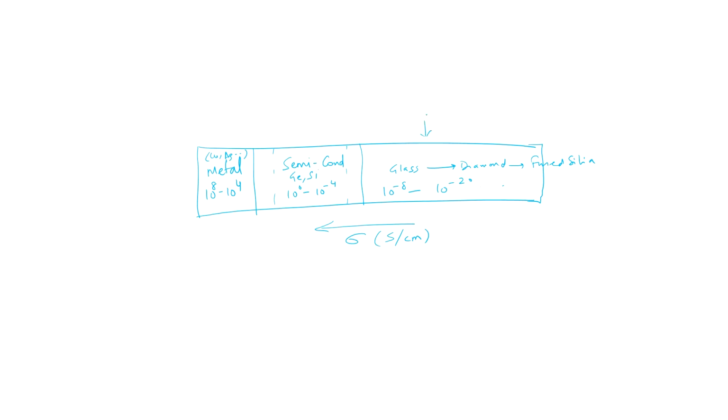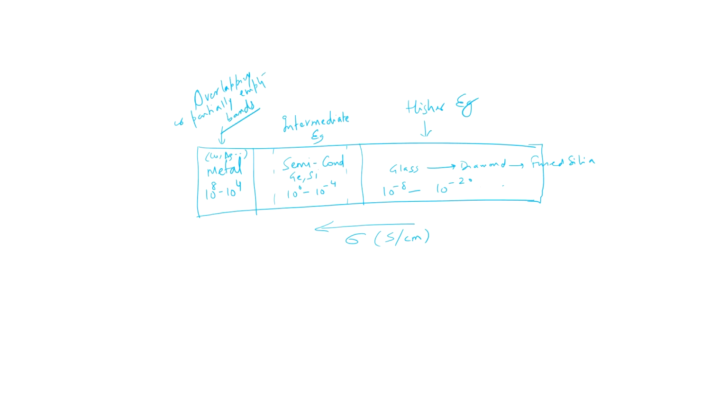So, these will have higher Eg, these will have intermediate Eg, and these will have overlapping or partially empty bands.